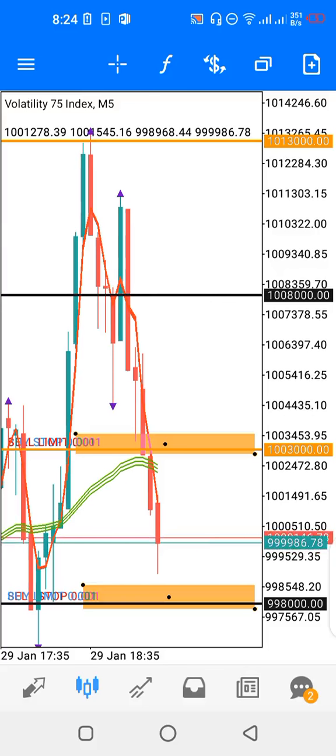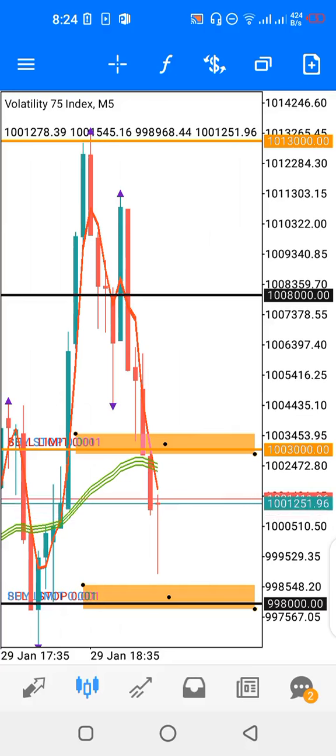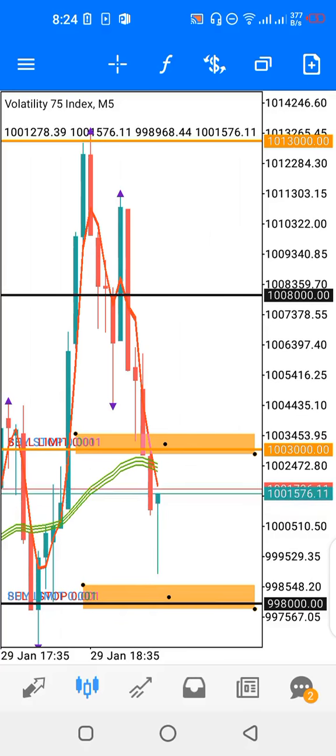But if my starting lot size is 0.002, for instance, then I'll be hedging with 0.006. And if my starting lot size is 0.003, for instance, I'll be hedging with 0.009. So that is my first hedge.